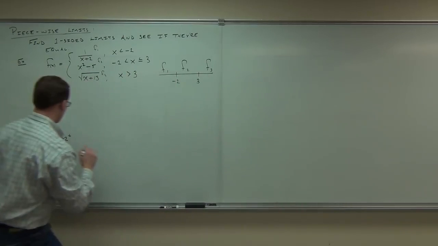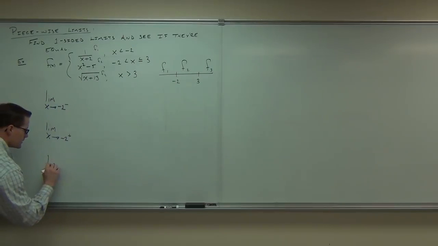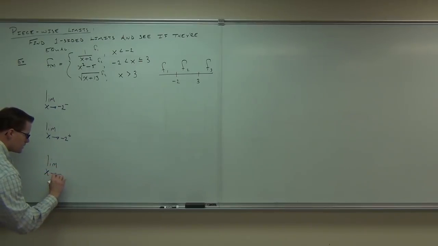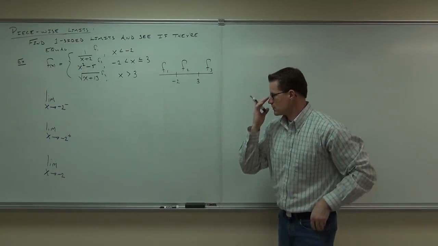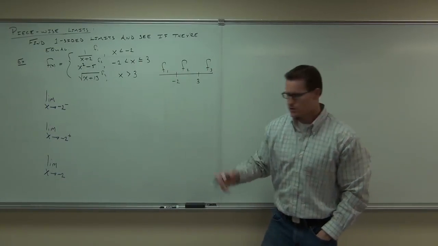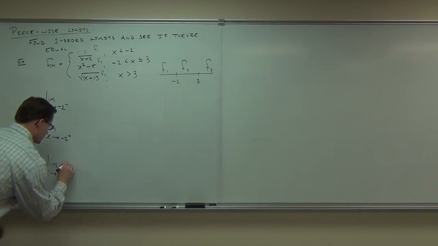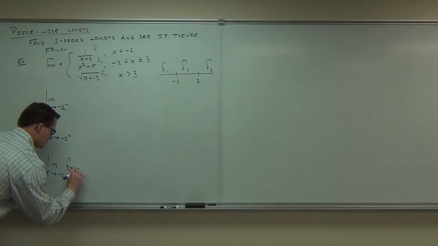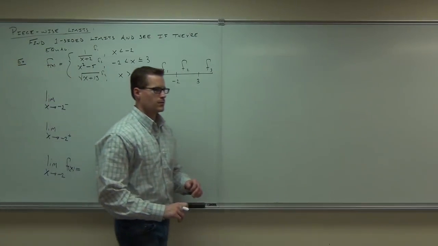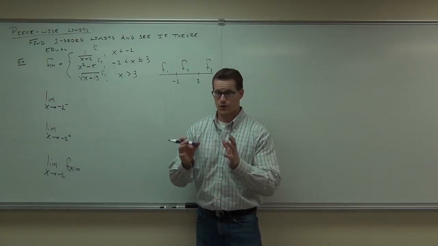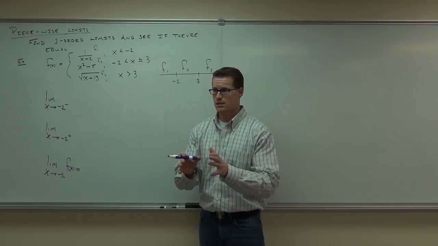If those are equal, then we'll have a limit as x approaches negative 2 in general. If not, well, then we won't. Do you all understand the idea so far? Are there any questions so far on the idea?